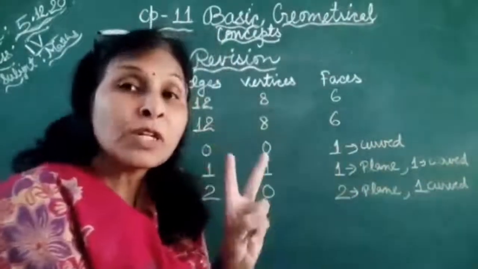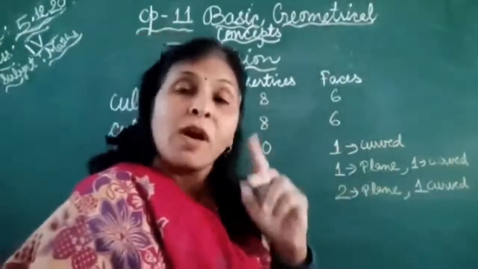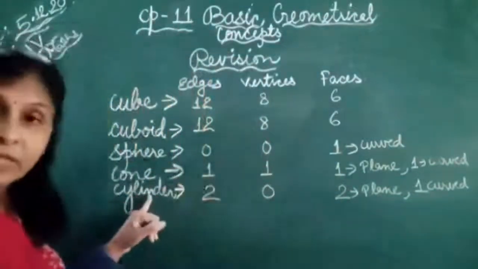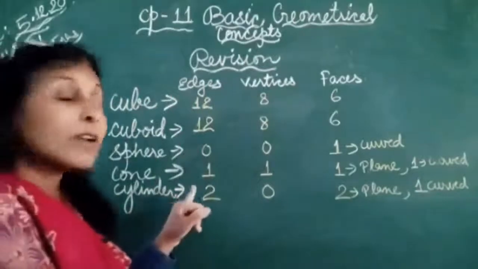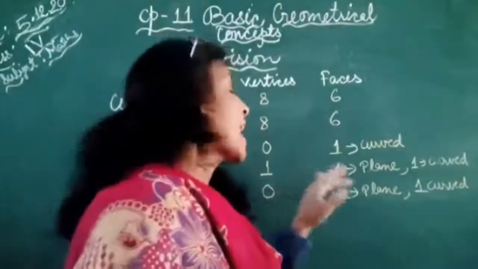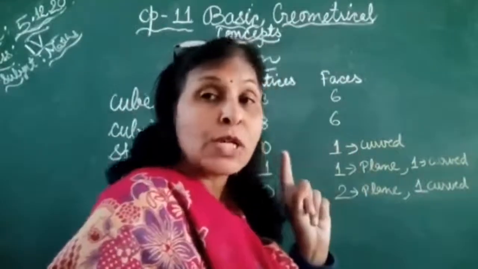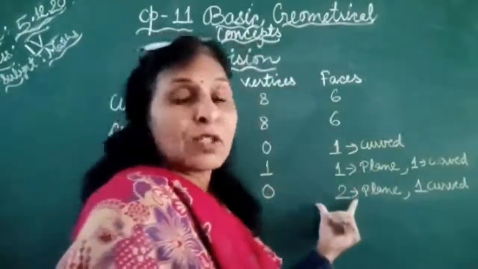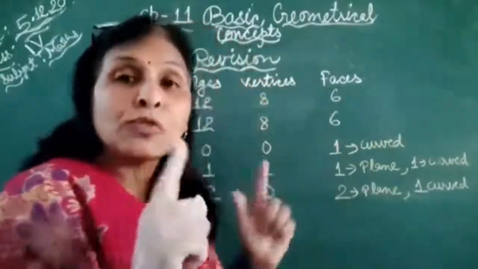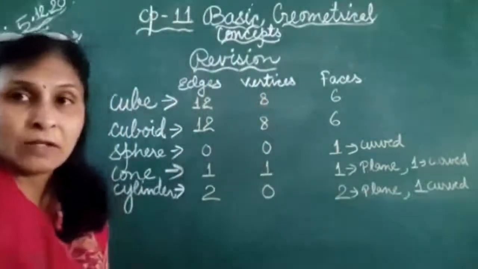It means total faces, that is 2, 1 plane and 1 curved. Then comes cylinder. In cylinder, 2 edges, 0 vertices and 3 faces. Total is 3 faces, that is 2 plane faces and 1 curved face. Now you should remember this chart.